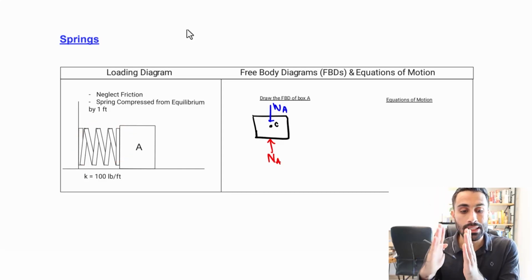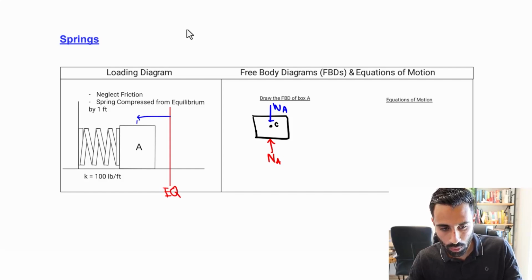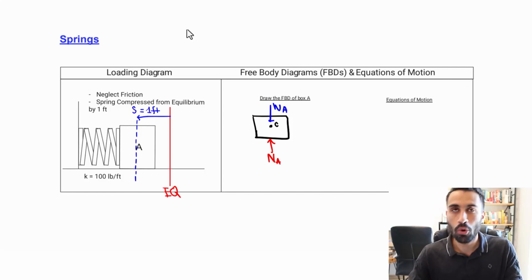Since it's compressed from equilibrium, let's say the equilibrium position is here. Let's label that as EQ for equilibrium. We compress it by a certain distance. That's what this is telling us from equilibrium, which is not drawn in the diagram. So we compress it by 1 foot. And sticking with the handbook, this would be our S value, or the change in S, delta S.